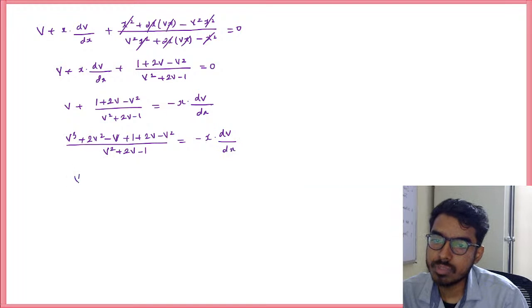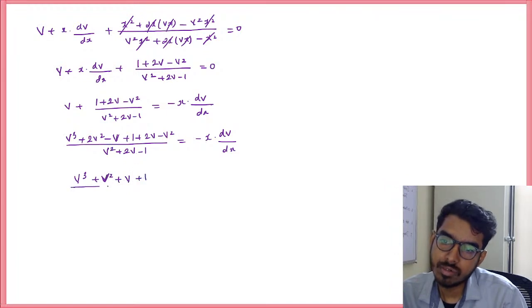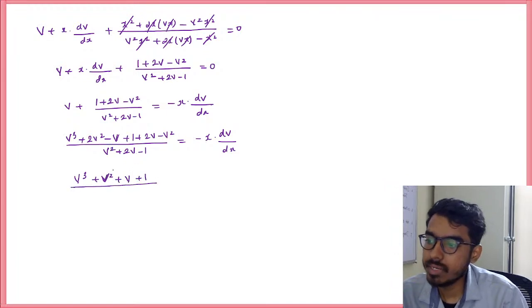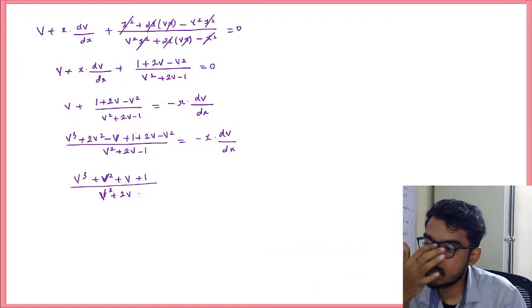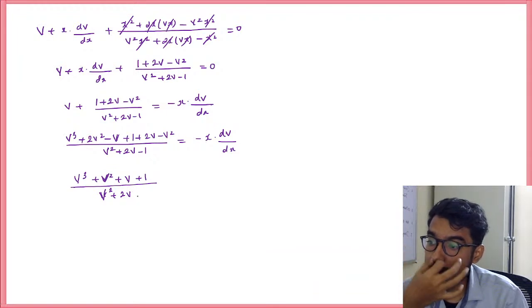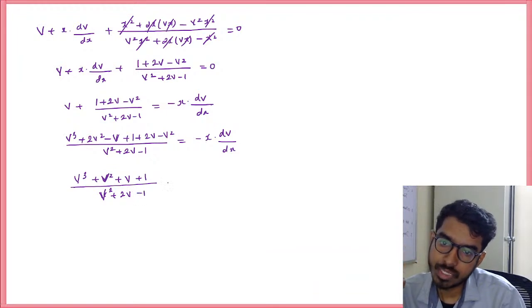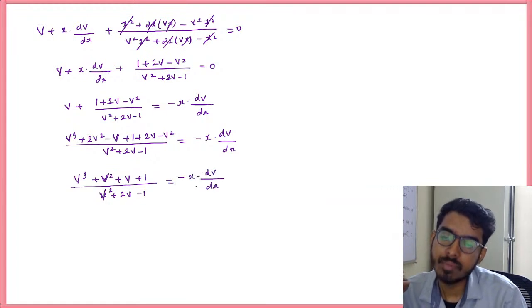Let us try to group the terms. So 2v square minus v square is plus v square. V cube plus v square, 2v minus v is plus v, this plus 1, divided by (v square plus 2v minus 1), is equal to minus x into dv by dx.